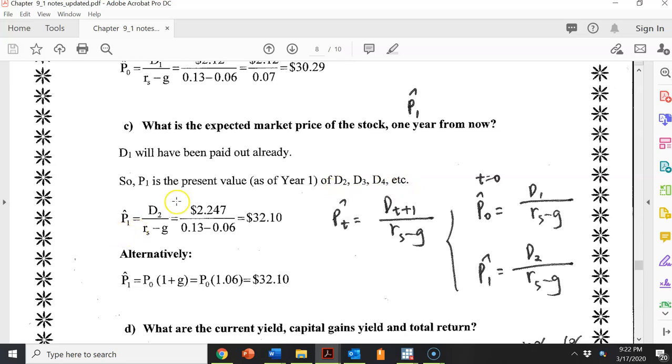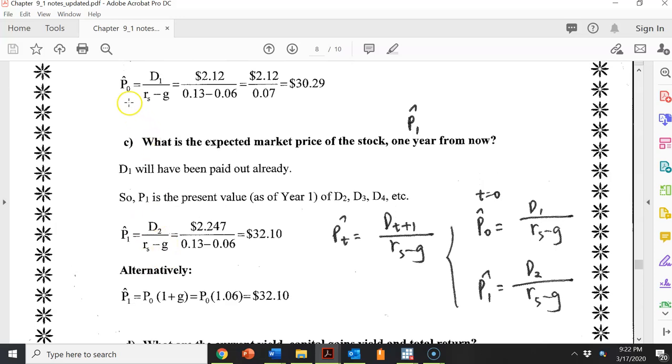P1 equals D2 over RS minus G. Okay, because P0 is D1 over RS minus G, so P1 is D2 over RS minus G. You can use D2, which is already calculated, 2.247 over RS 13% minus G 6%. So we have 32.1 as our P1 hat.